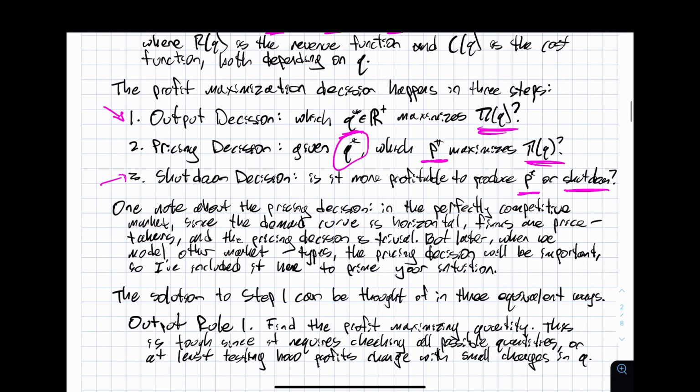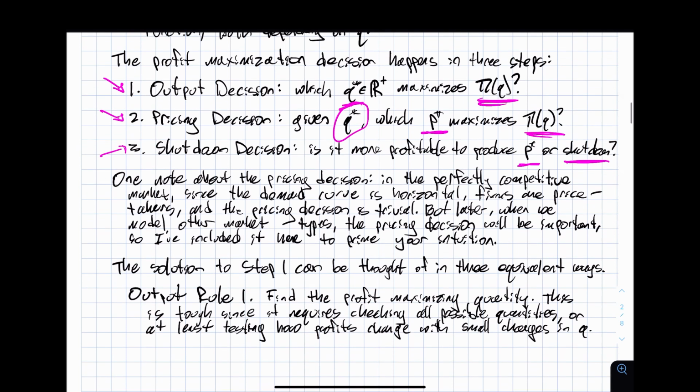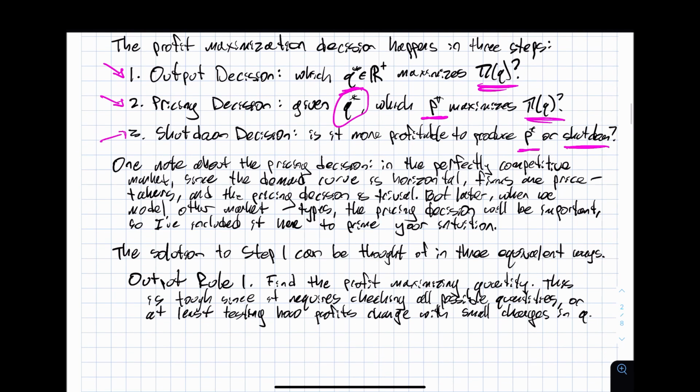It just turns out that we're starting with perfectly competitive markets, which makes step 2 look really simple. But in the back of your mind, remember that step 2 is going on. It's just very simple when we're looking at perfectly competitive markets, because we're going to take these 3 steps and apply them to many other types of markets.